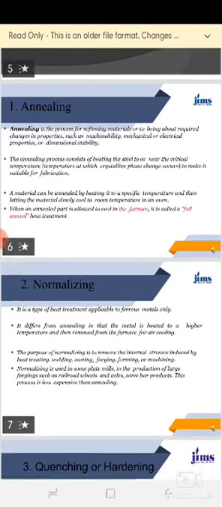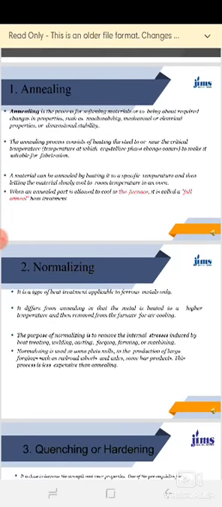Next is the normalizing process. What is the normalizing process? Normalizing is a type of heat treatment applicable to ferrous metal only. It differs from annealing in that the metal is heated to a higher temperature and then removed from the furnace for air cooling.